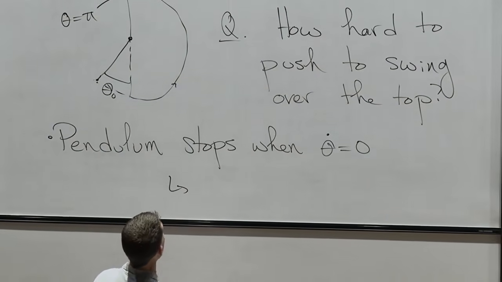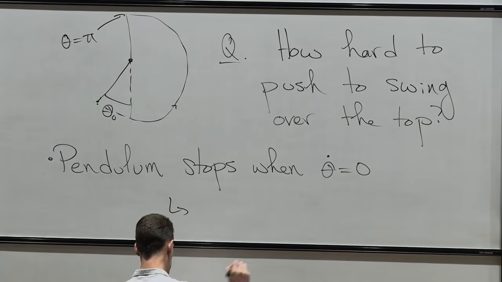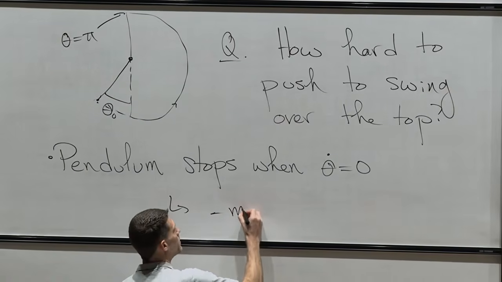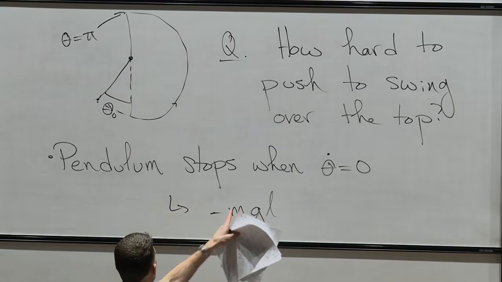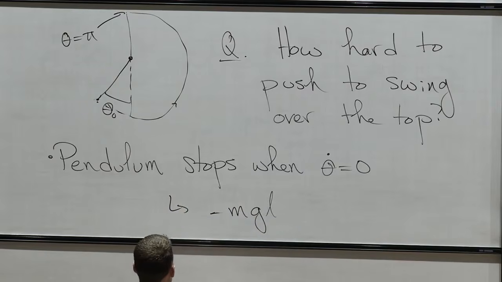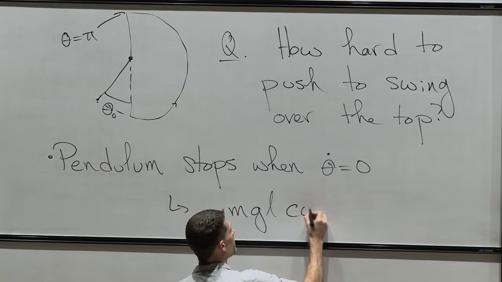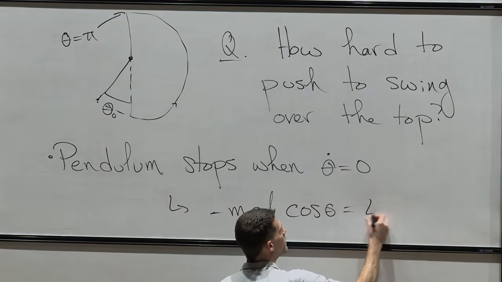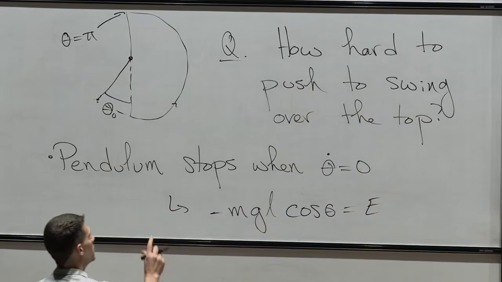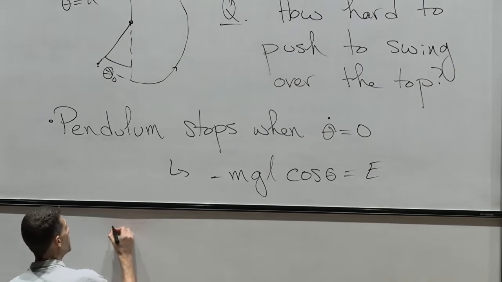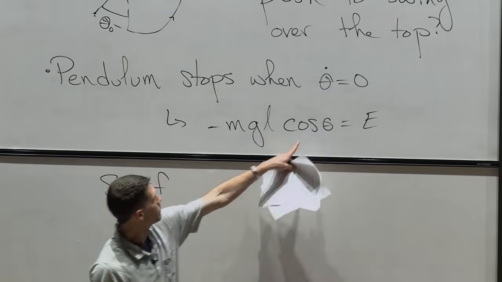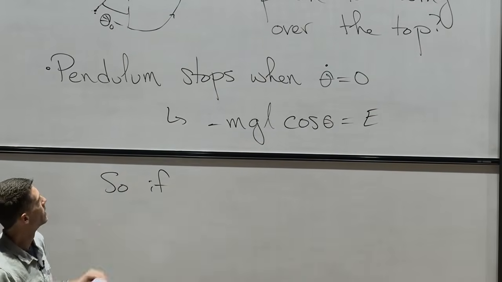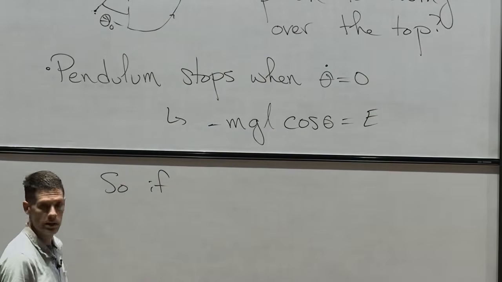So if I put in theta equals pi, the pendulum stops when theta dot is 0, which is when mgl cosine theta equals E. So we require, I put in pi here, I need E to be at least mgl, right?